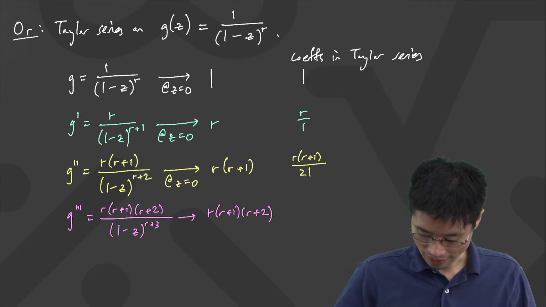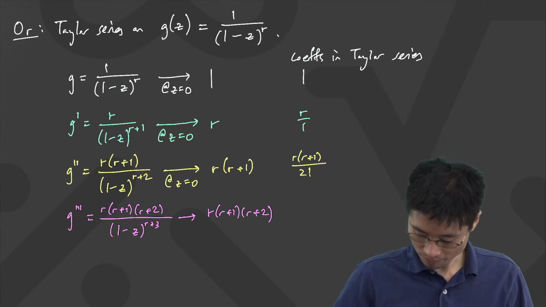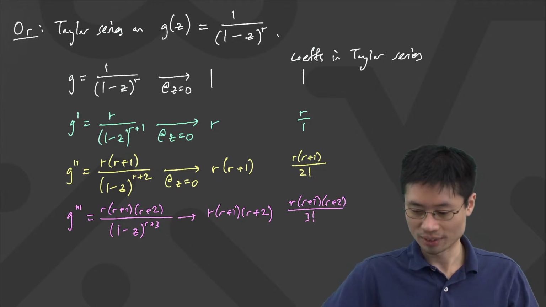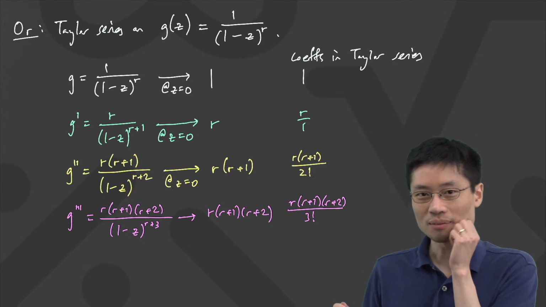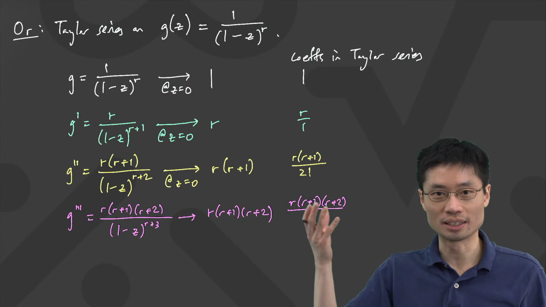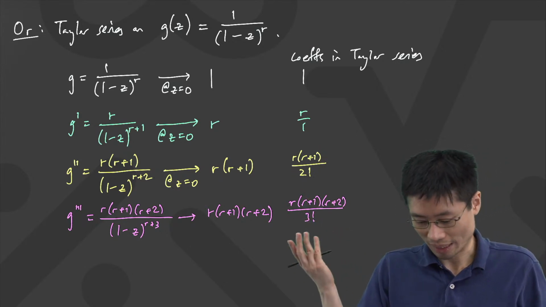And the next one is going to be r times r plus 1 times r plus 2 all over 3 factorial. So what I'm finding is that I'm getting the same form again: bunches of r's multiplied together, divided by whatever factorial I have.